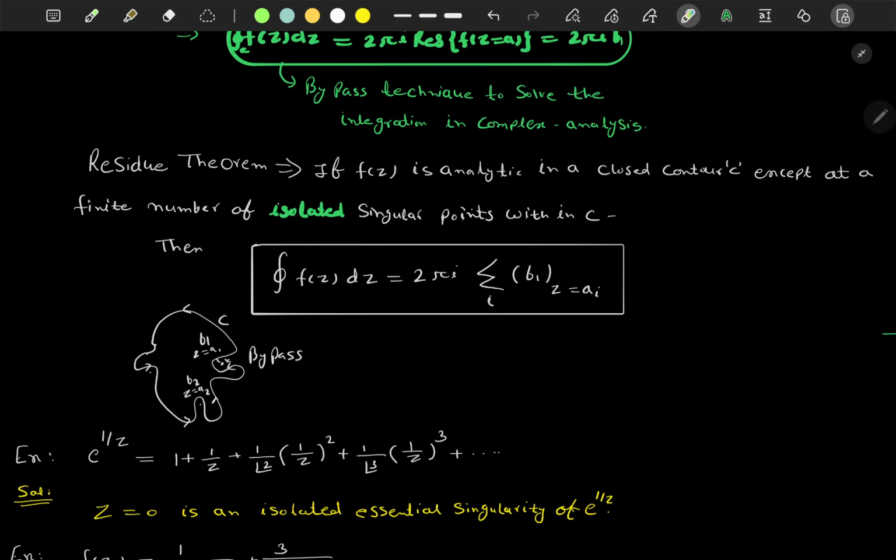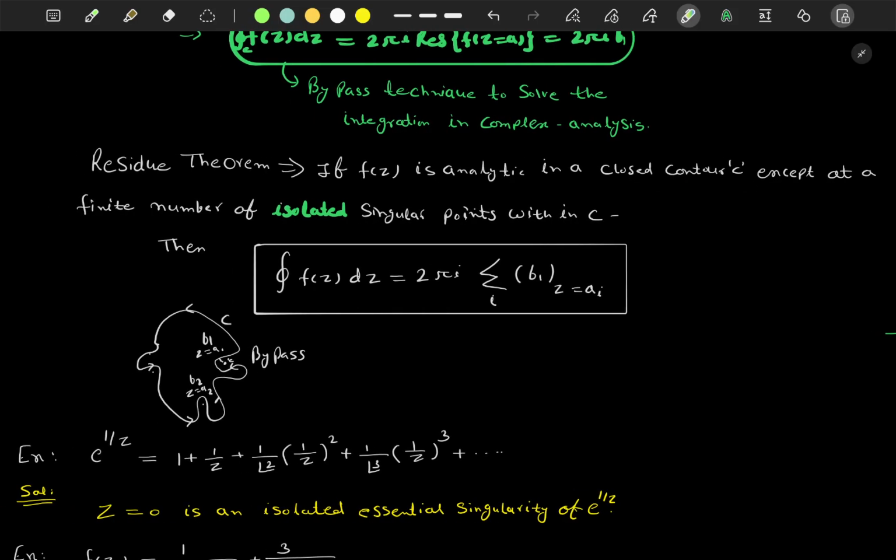Now we will study the residue theorem. Suppose we have a function f(z), and you know that it must be analytic about a point. Suppose this is analytic in a closed contour C and it is not analytic at a finite number of isolated singular points within C. So we have a closed contour C and the function is analytic, except at some points where it is not analytic.